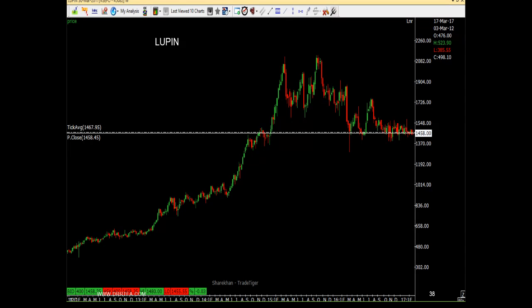See, Lupin, that's the same thing here. It moves up, it moves down, it moves up, it moves down, and then for a couple of years it becomes sideways. So it's very difficult to make money in the sideways market if you know only stocks like buy and hold. But if you know some other instruments like options, then they are the best instrument where you can make money when the stock price is going sideways or in a very narrow range, right?